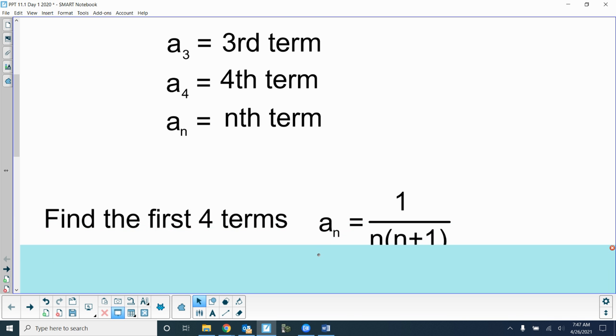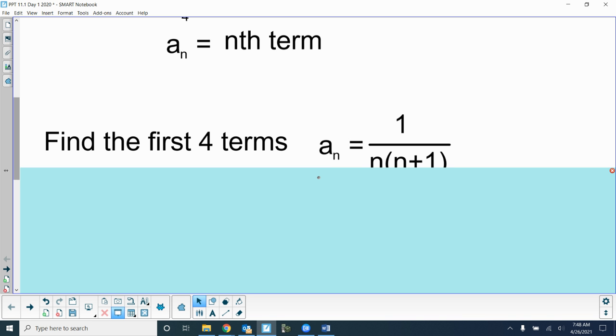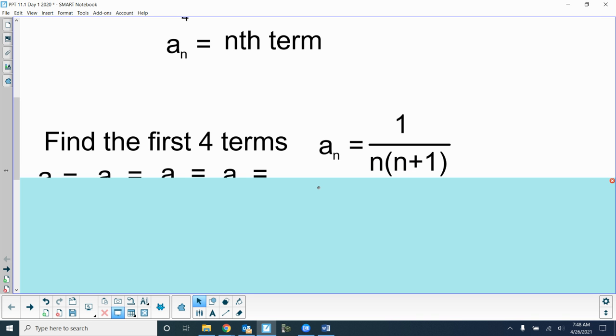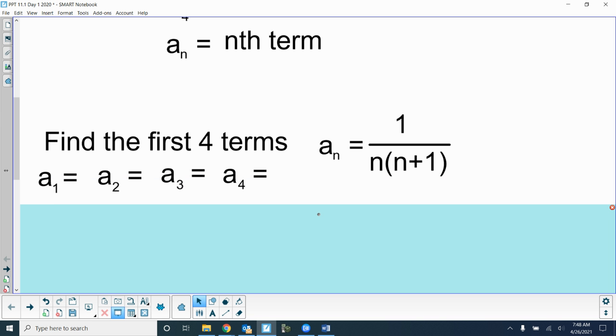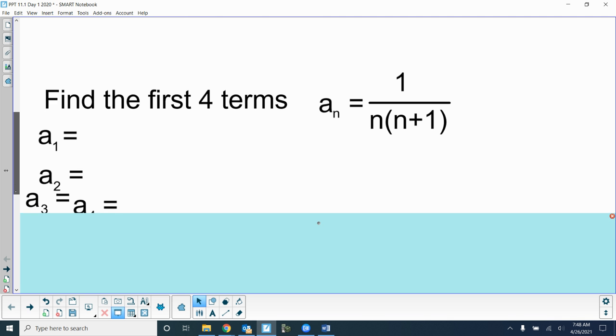All right, here's the rule of the sequence. The nth term, a sub n, is 1 over n times the quantity n plus 1. That's our rule to find our terms. Let's move these over here to figure them out.